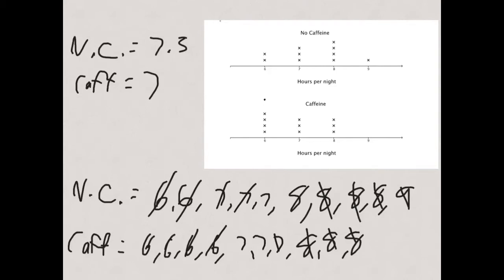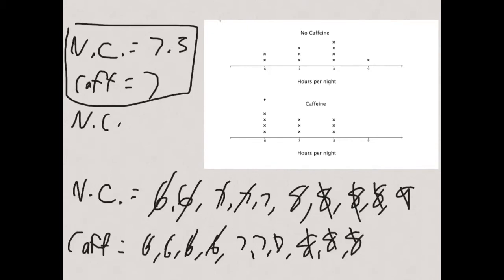And for caffeine, they get 7 hours. Now, if I look for the mode, so this will be my median. Oh, which one occurs the most? If I look for no caffeine, it's 8 hours. For caffeine, I get 6 hours.